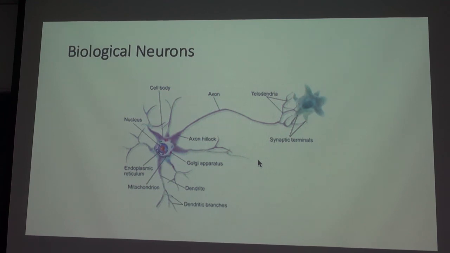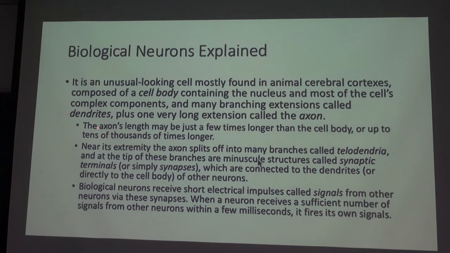The axon's length can be just a few times longer than the cell body, or up to tens of thousands of times longer. The neuron cells in our spine can be more than 1 meter long. So it could be very long.